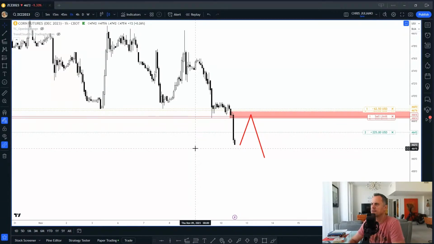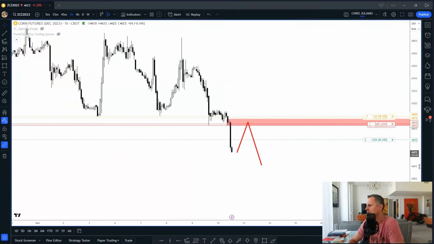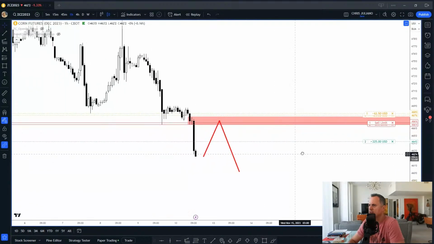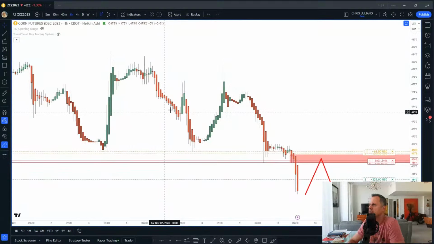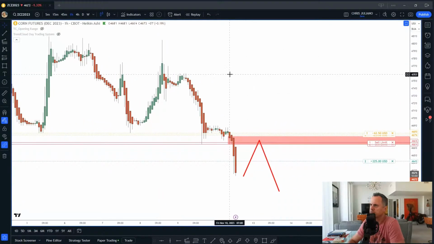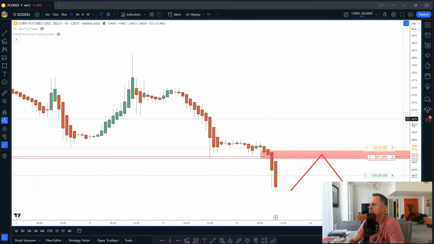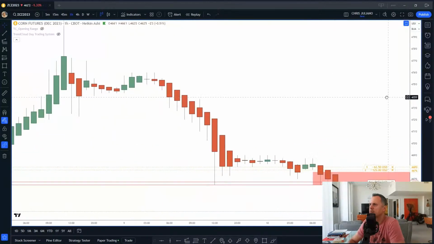Heikin-Ashi, guys, is a very interesting candlestick. Let me show you something here. Let's really blow it up. Do you see, guys, how this Heikin-Ashi candle has 2 wicks?